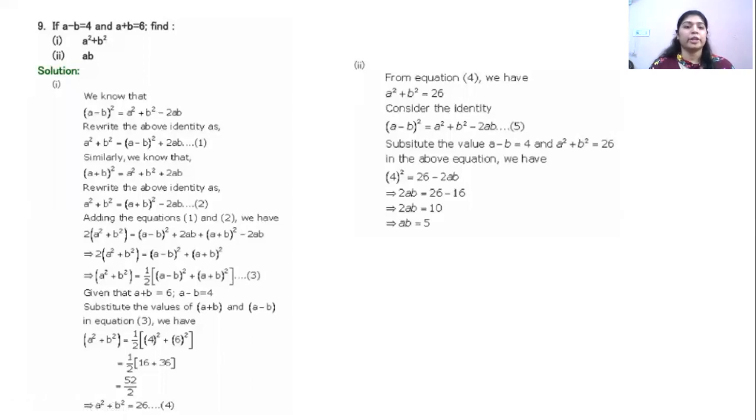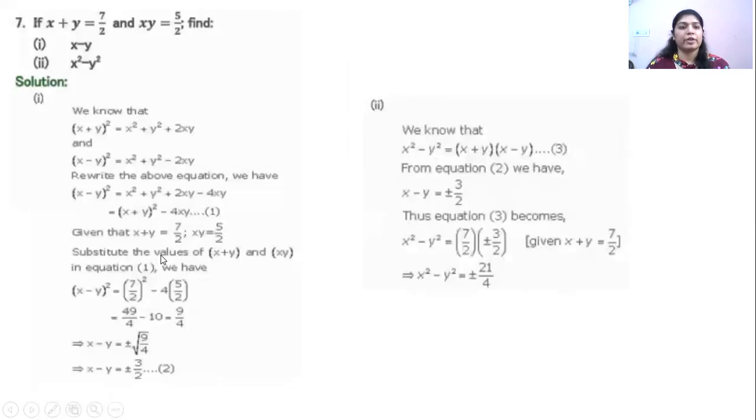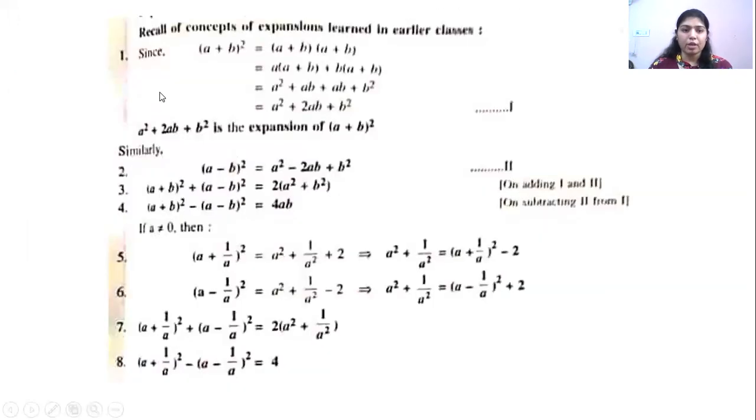Now again come to the identities. We have done this identity, the third identity of our expression C. (a plus b) whole square plus (a minus b) whole square is equal to 2(a square plus b square).